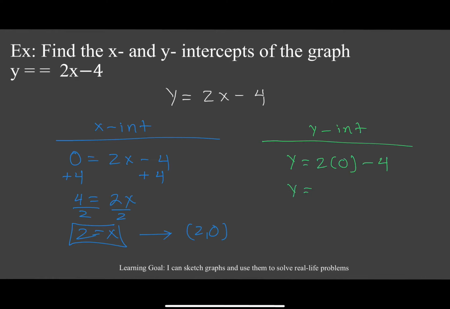And if I simplify this out, 2 times 0 is just 0, so I'm left with y is equal to -4. And that means our graph is crossing the y-axis at y is equal to -4. So the point corresponding to that is just 0, -4. So we have now found both of our intercepts. For our x-intercept, we have the point 2, 0, and for our y-intercept, we intercept the axis at 0, -4.